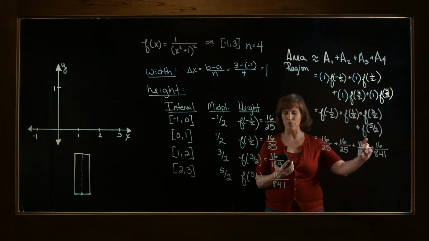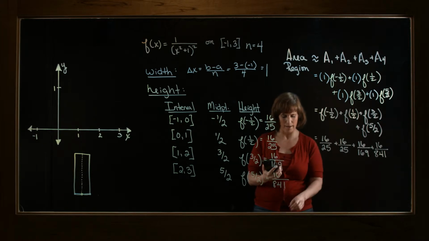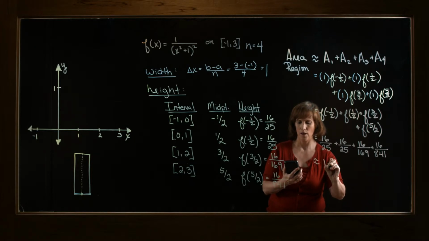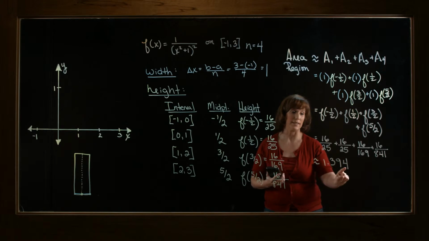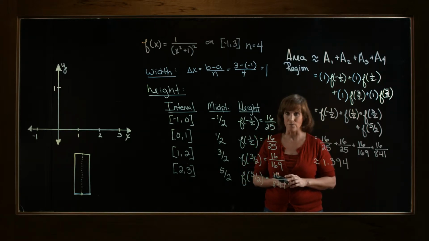If you add these fractions together, 16 divided by 25 plus 16 divided by 25 plus 16 divided by 169 plus 16 divided by 841, we get approximately 1.394. And I have rounded this. So this is approximately the area under my curve.